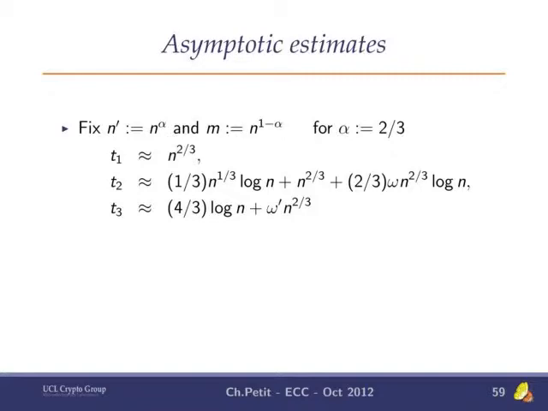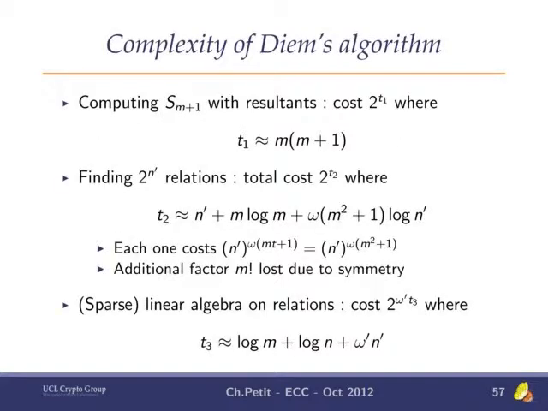So if we fix n prime equal to n to the alpha and m equal to n to the 1 minus alpha, such that the product is n, and we'll take alpha equal to 2/3. Okay, so back to our formulas. This is n squared, so roughly n to the 2/3.